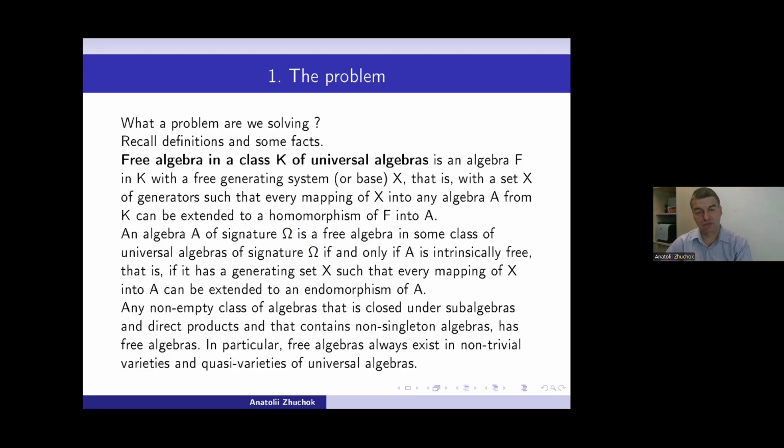An algebra A of signature omega is free in some class if and only if A is intrinsically free.